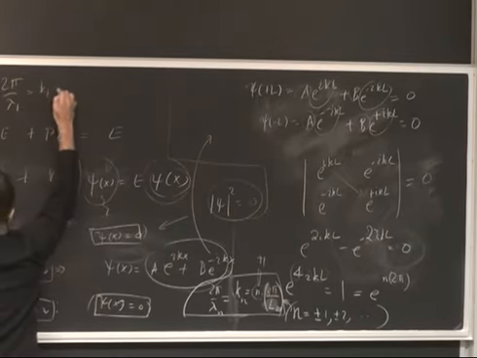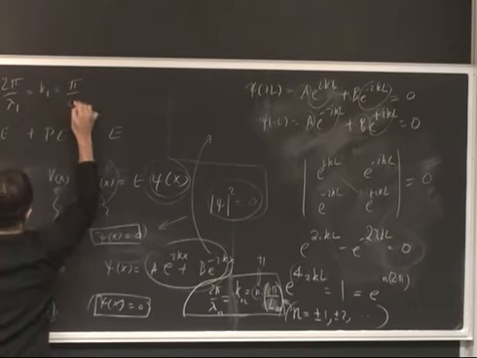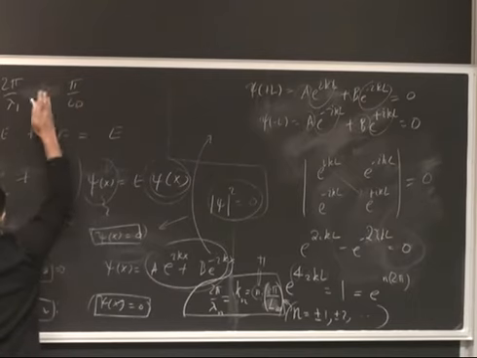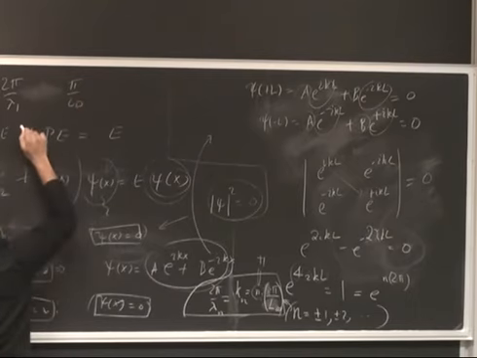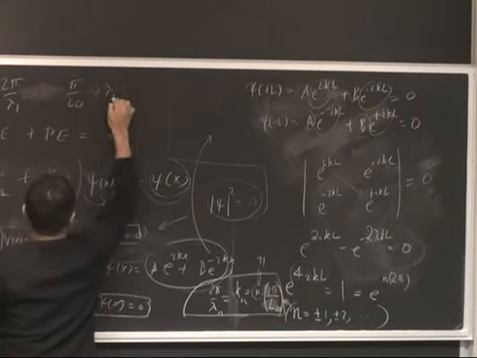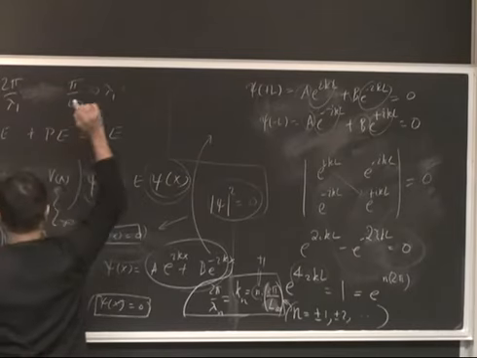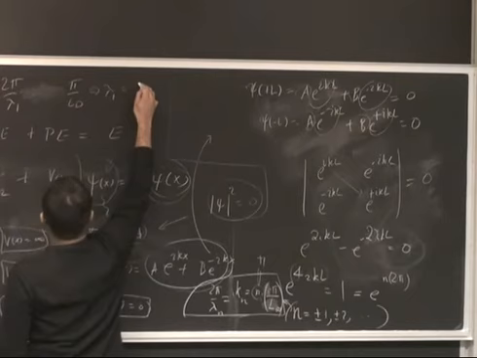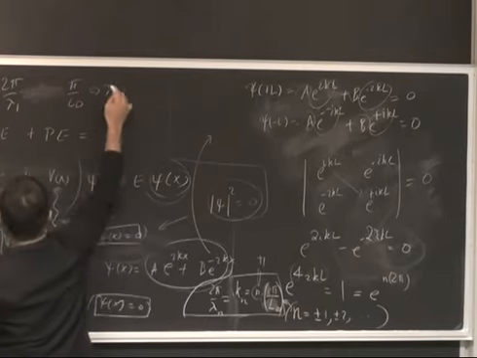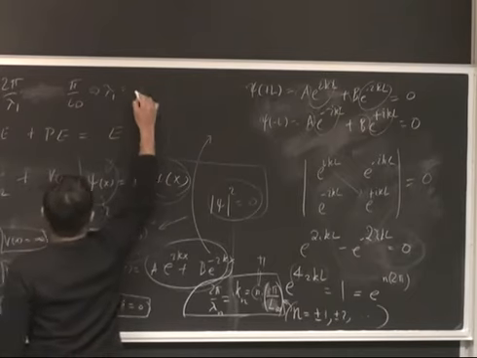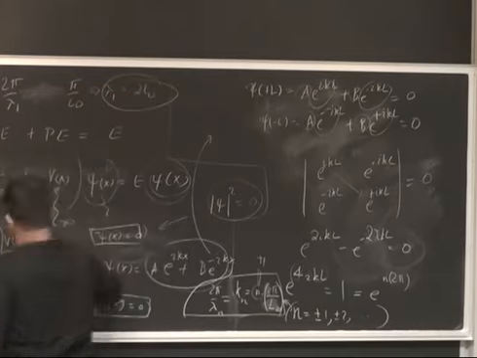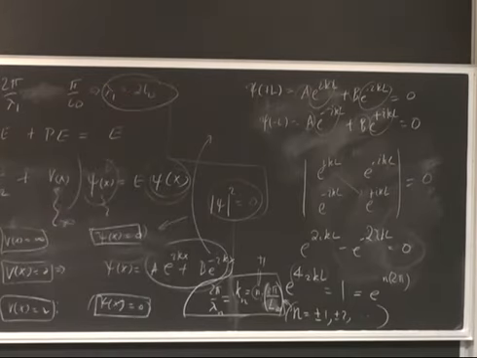This k1 is pi over the length of the well. Forget about k, I want to find out what's the wavelength. So that gives you right away that the wavelength of the first state, the ground state of the system, is basically, so pi's go away, 2L, twice the width of the well. That's the ground state wavelength.